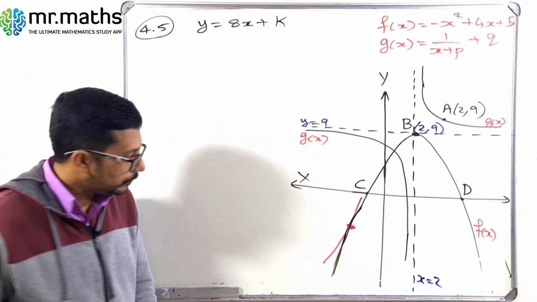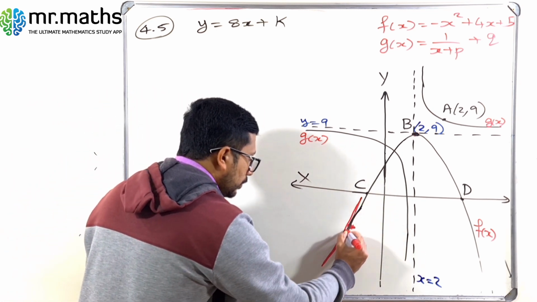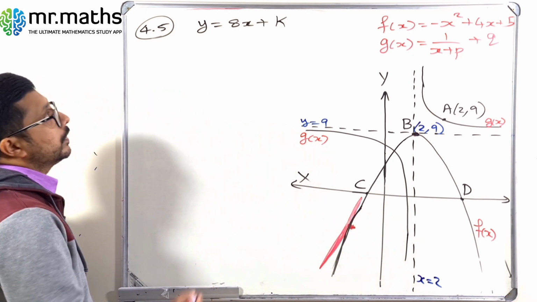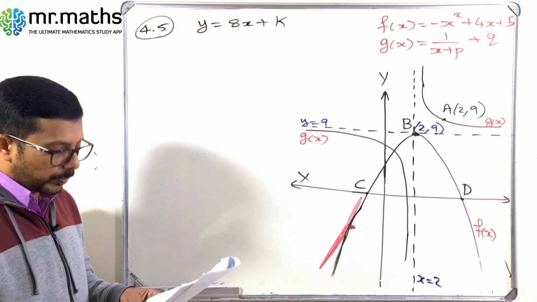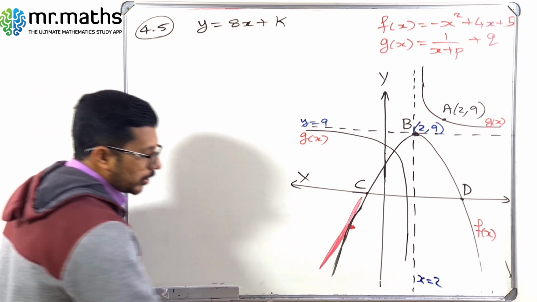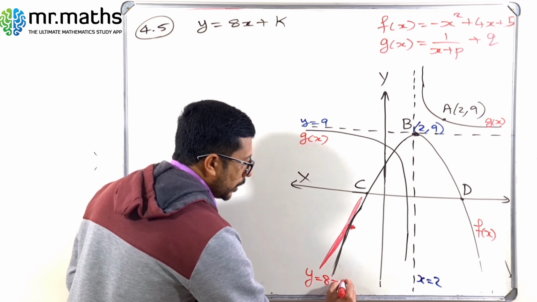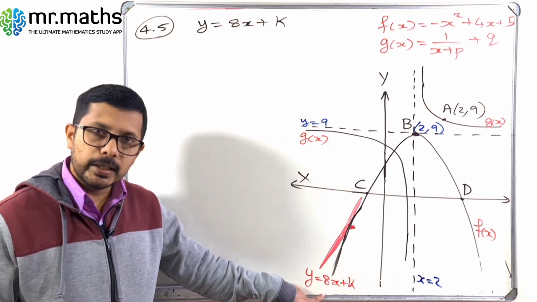So what is our question? Assume that this is a tangent, and look at that question: the tangent y is equal to 8x plus k. So the equation of this tangent is given as y is equal to 8x plus k. From this equation we know what the gradient is.